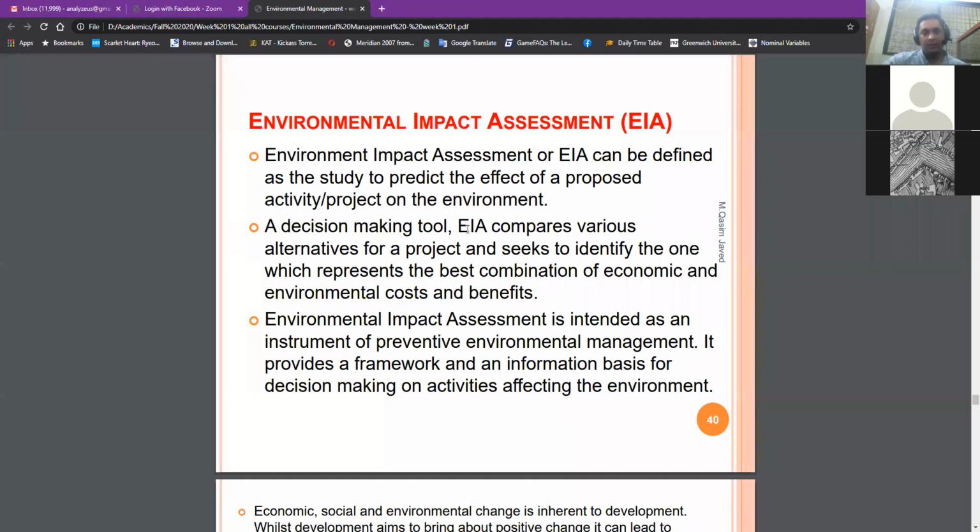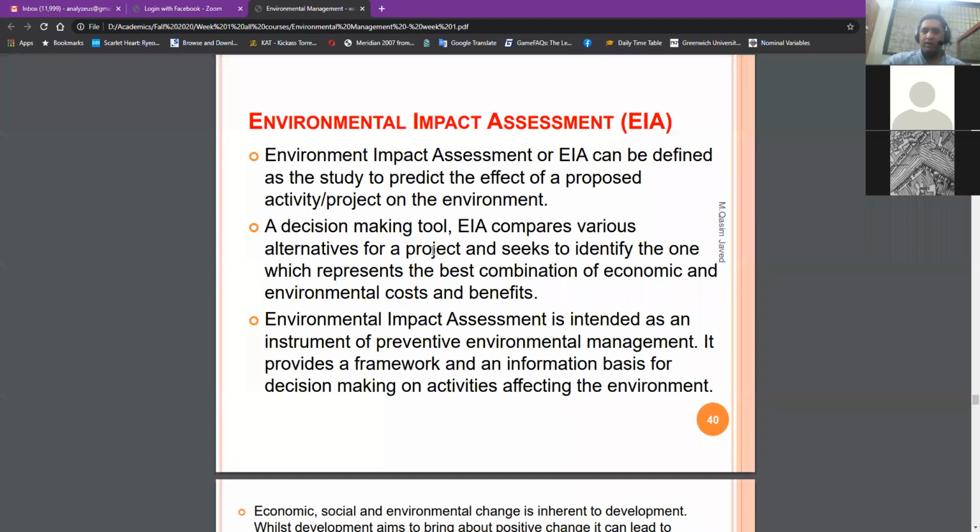Now, one element here is, when we talk about projects in business, there are two factors to be considered. Number one, the cost of the project, and number two, the environmental impact of the project. It is a very thin line here, because we might be saving a lot of money, but we might be affecting the environment in a very bad way.